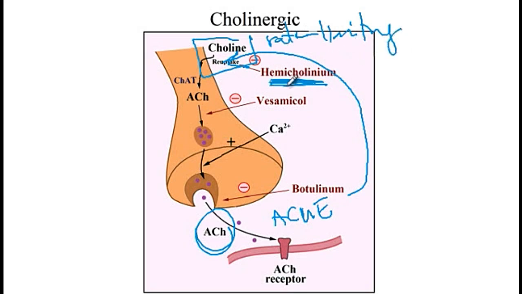So what hemicholinium does is that it inhibits the reuptake of choline. So hemicholinium inhibits the rate limiting step of the acetylcholine synthesis. And then we have the vesamicol, which prevents the incorporation of acetylcholine into the vesicles. And finally we have the botulinum toxin, which prevents the release of the acetylcholine from the vesicles into the synaptic cleft.